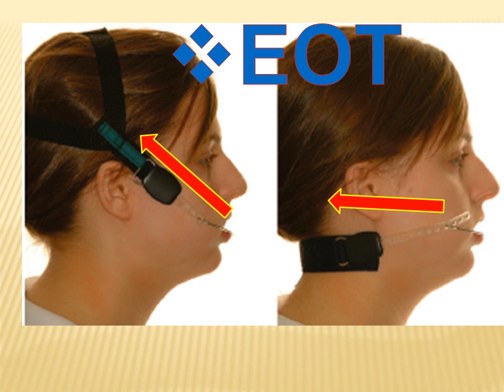Such appliances are similar to the previous functional appliance, but here they are indicated when the maxillary growth is more forward rather than the mandibular growth backward.